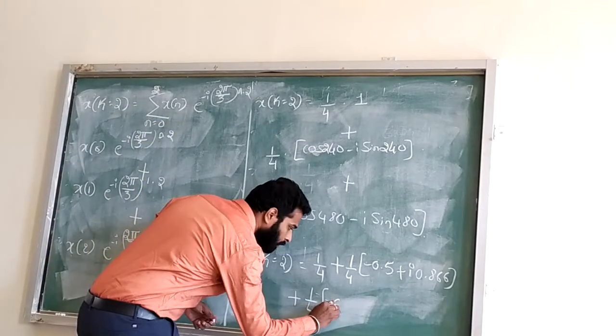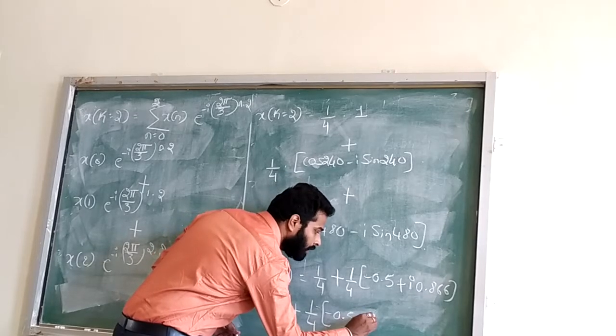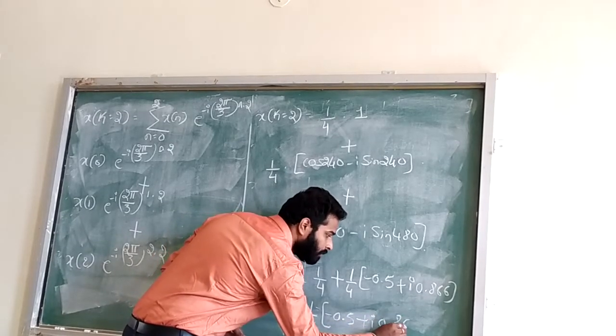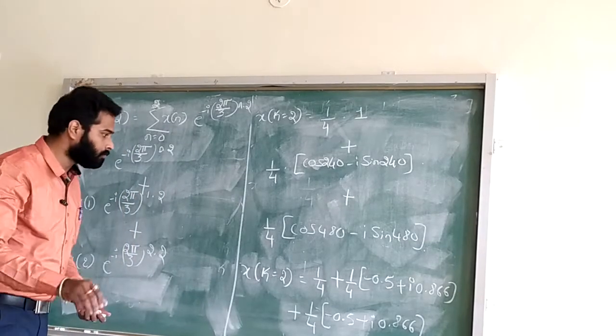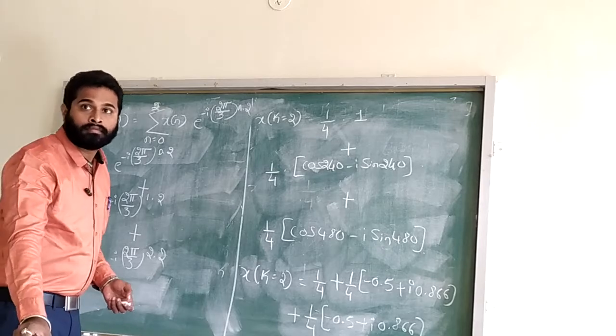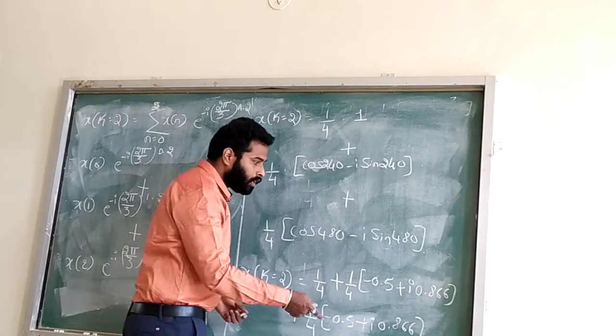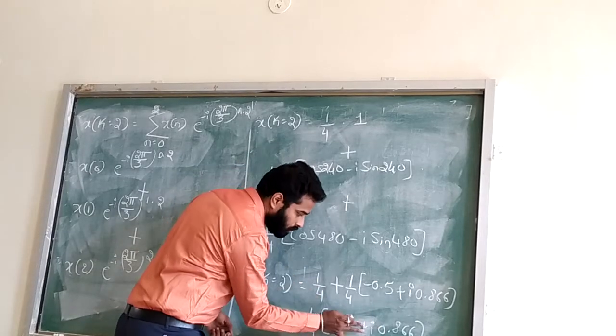Then minus I sin 480, plus 0.866. So plus into minus is minus.